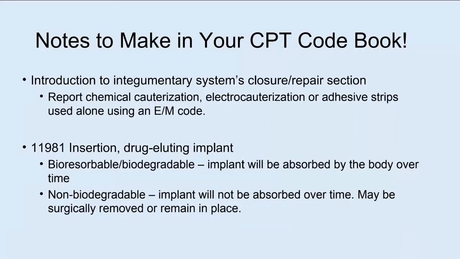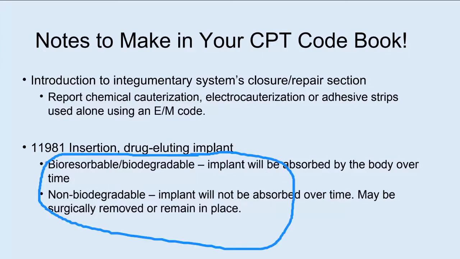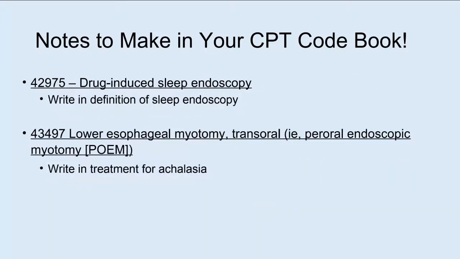Also in the integumentary system, you have 11981, and you might write in the definitions for bioresorbable, biodegradable, non-biodegradable. Another possibility is to write in your book 42975, drug-induced sleep endoscopy. You might write in that definition of sleep endoscopy. 43497, lower esophageal myotomy.